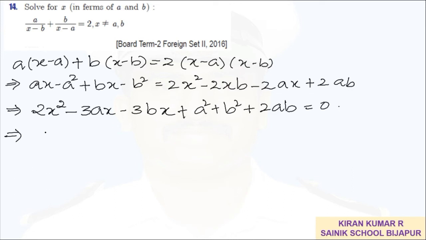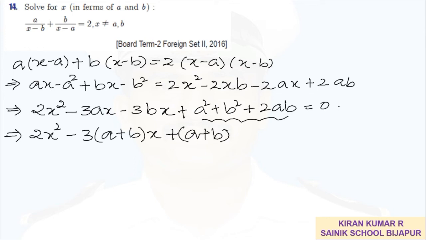So this I'll rewrite it as 2x square, negative 3 is common, a plus b multiplied x, plus this complete thing is something like a plus b whole square equal to 0.